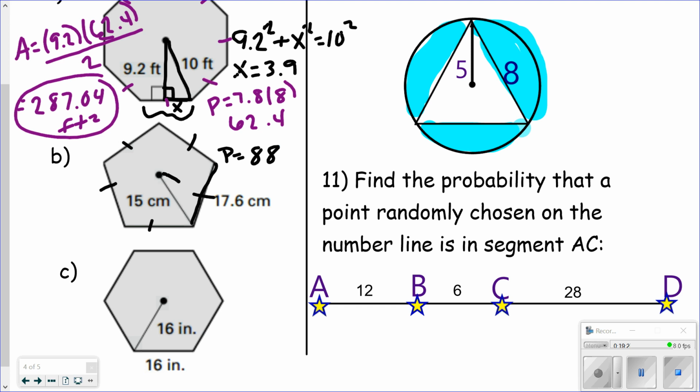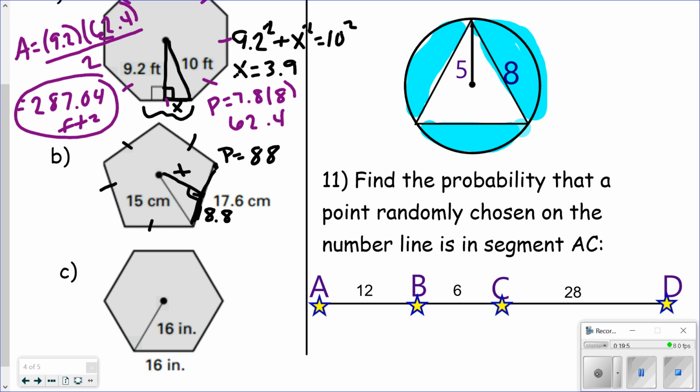So I need to figure out that length, and once again I have a 90-degree angle. If this is 17.6, that means that this little guy here would be half of that, which is 8.8. So once again, I have a right triangle. I know 2 of the 3 sides.